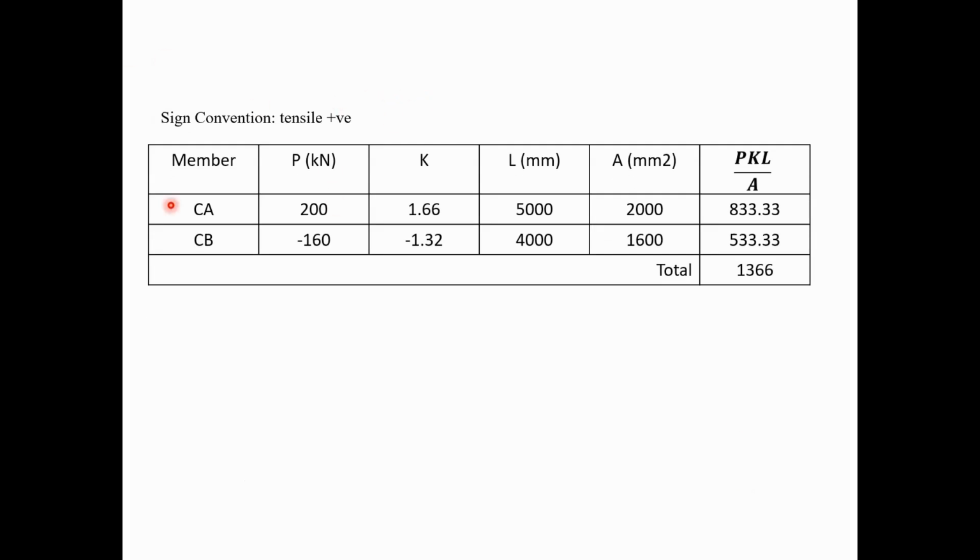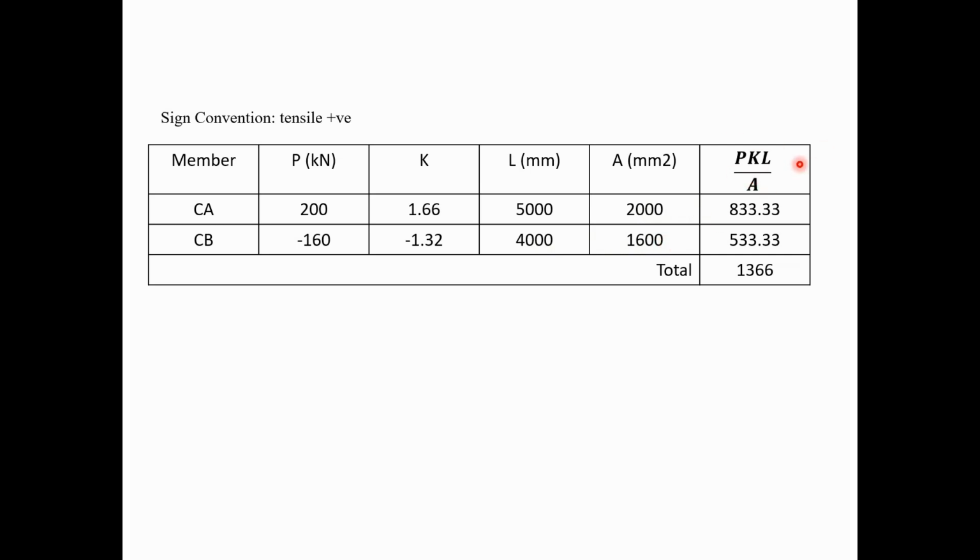So by computing all these values in tabular form, we have members CA and CB at the joint C. The P forces in the member CA is 200, CB is minus 160. The K forces respectively are 1.66 and minus 1.33. Length of the member CA is 5000 mm and CB is 4000. Area is 2000 for CA and for CB it is 1600.